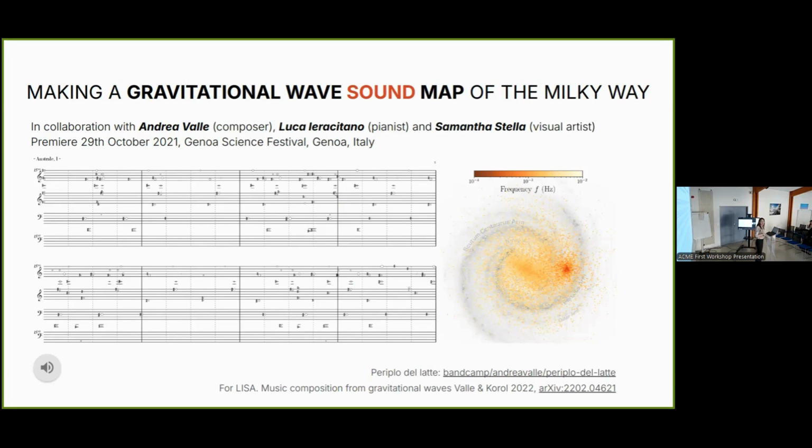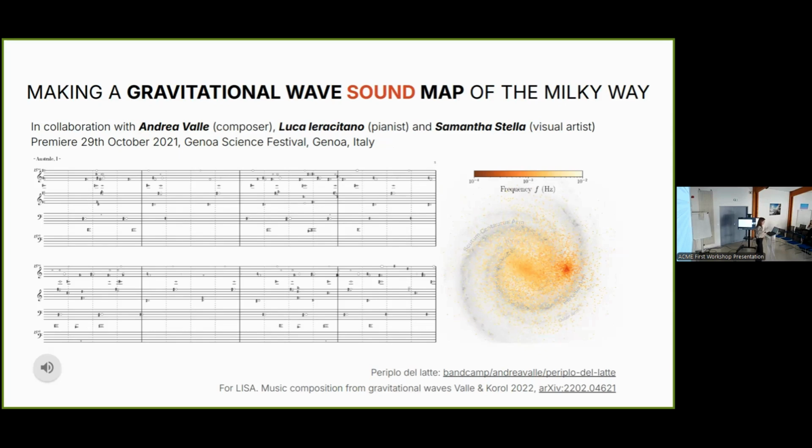We really wanted to keep the scientific fidelity of the amplitudes, frequencies, and spatial distribution of these binaries. But at the same time, our constraint was to come up with music for a piano, right? So only two hands. And so we came up with a strategy that separates the signal in time, by drawing random trajectories in the Milky Way, and then playing the sounds along those trajectories within some established audible volume.